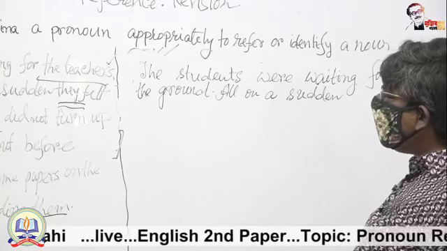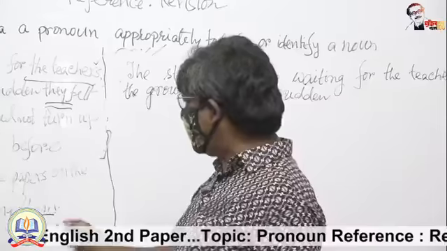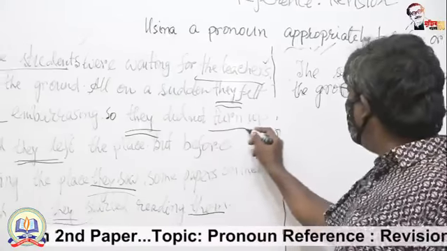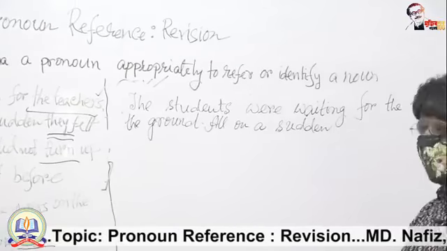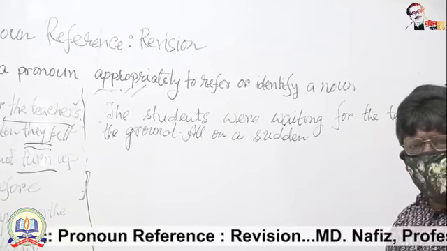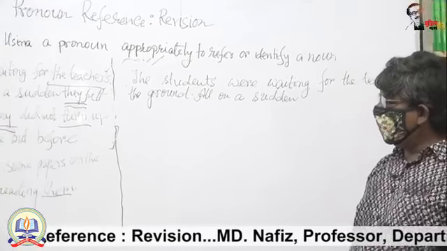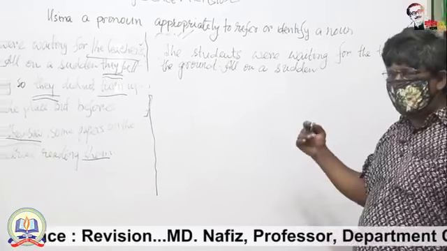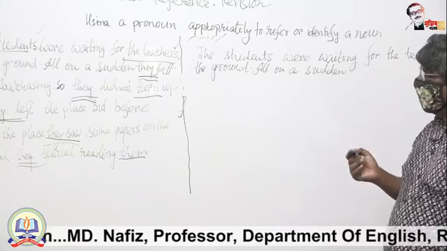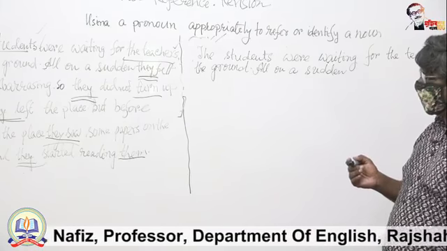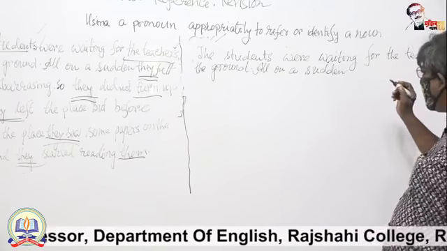The teachers or the students? What do you think? Look at the next sentence. So they did not turn up. You see, the students are waiting for the teacher. Therefore, the verb turn up refers not to the students. The verb turn up refers to the teachers. Therefore, all of a sudden they felt it embarrassing.